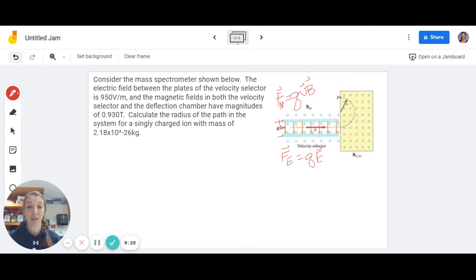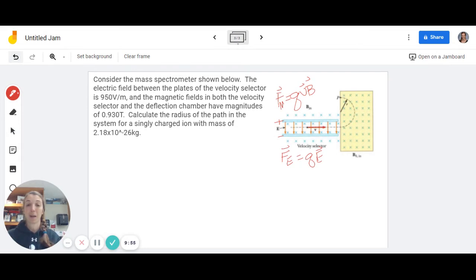We can see here that if they were positive charges, then for the magnetic field, if we use our right-hand rule, we put our thumb in the direction of the velocity, we put our fingers in the direction of the magnetic field, which is going into the page. And then we can see that a positive charge would be forced upward by the magnetic field.